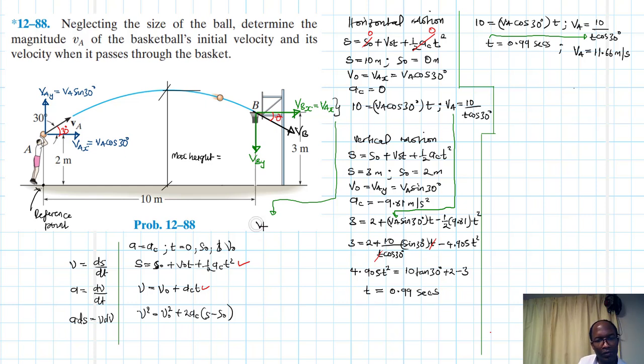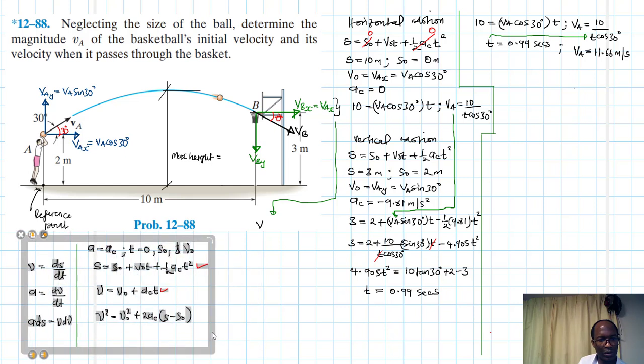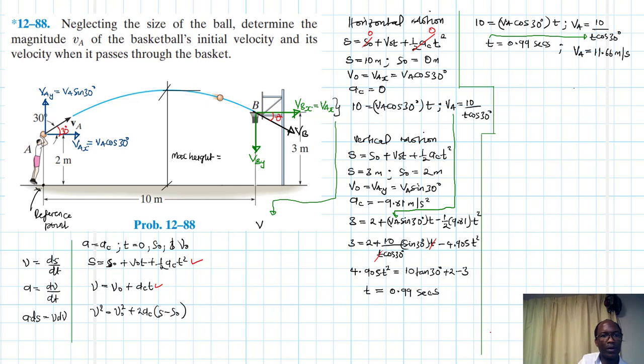We know that VBX is equal to V naught, which is VAX, plus the acceleration times T, and this part is 0.